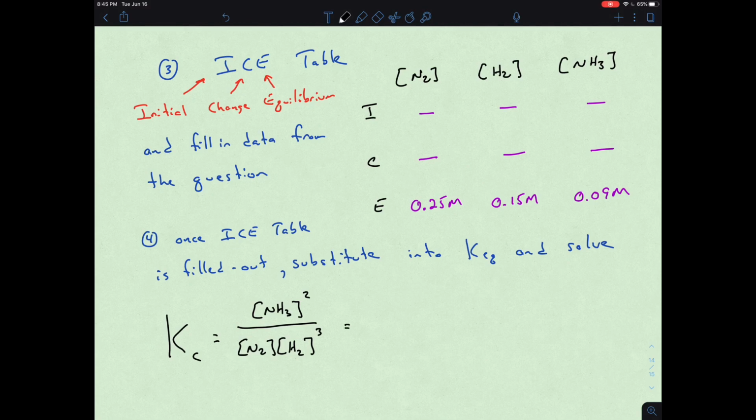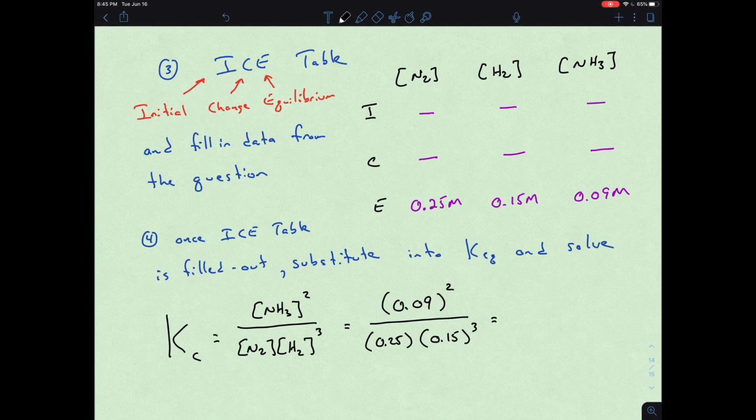So we have 0.09 for our concentration of NH3. For nitrogen, we have our 0.25 molar. And for hydrogen, 0.15 molar, that quantity cubed.